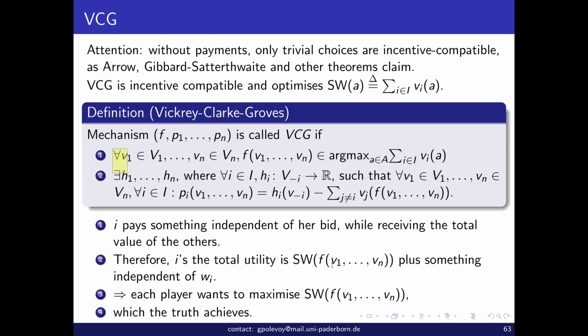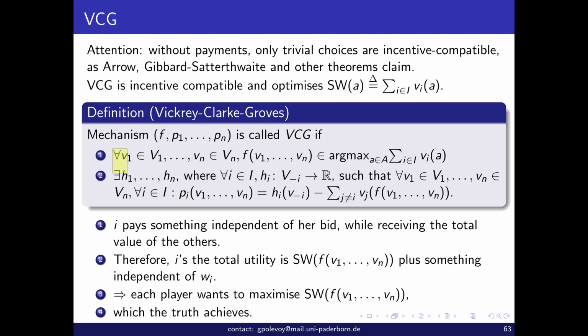Yes, the conditions are: first, for any declared value functions, truthful or not truthful, the mechanism decides on an option which is a maximum for the sum of the values.